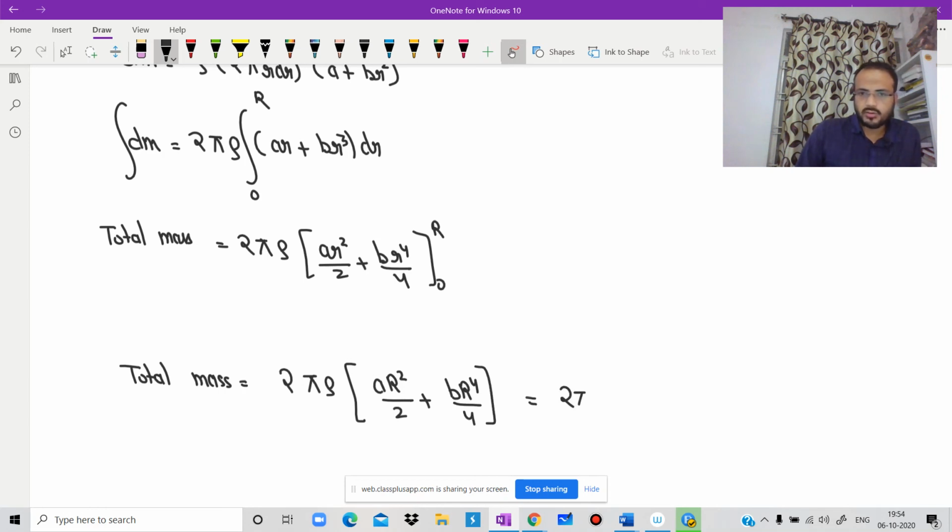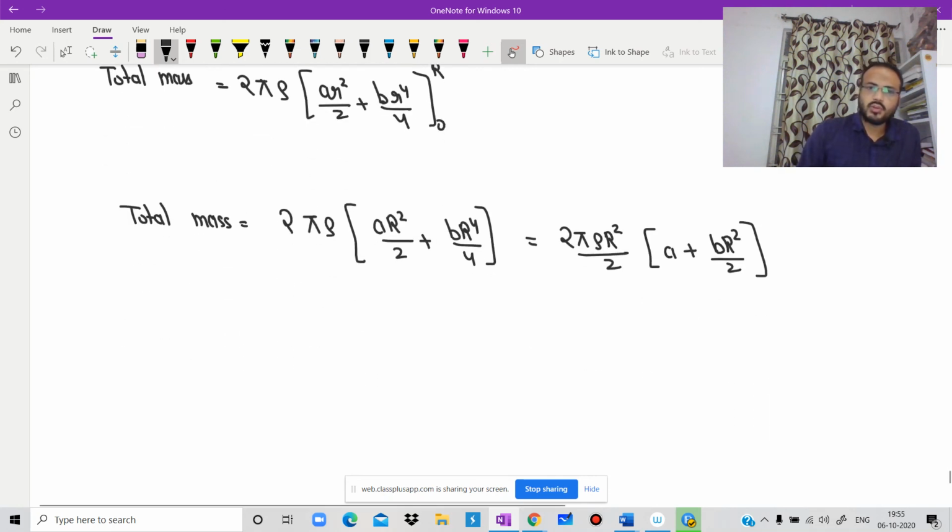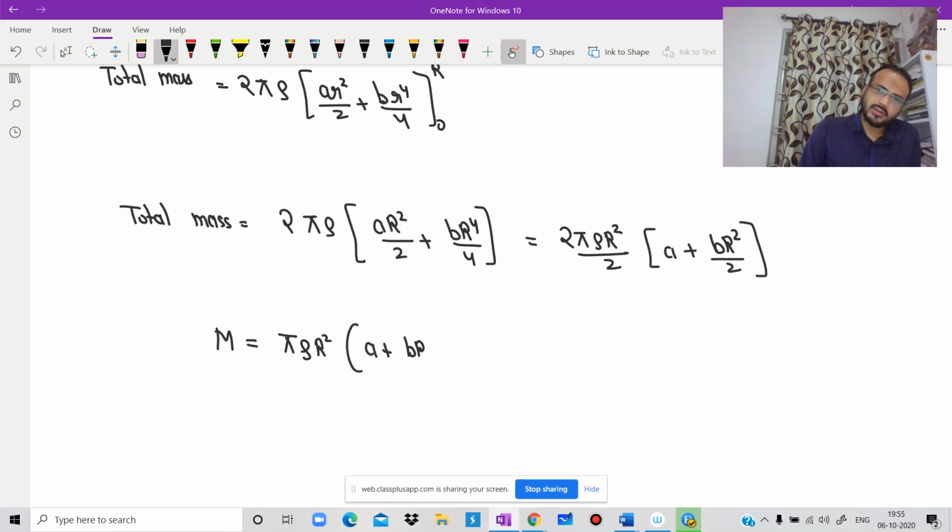So total mass is 2 pi rho into (a R square by 2 plus b R to the power 4 by 4). Taking common 2 pi rho into R square by 2, into (a plus b R square by 2), total mass is equal to pi rho R square (a plus b R square by 2).